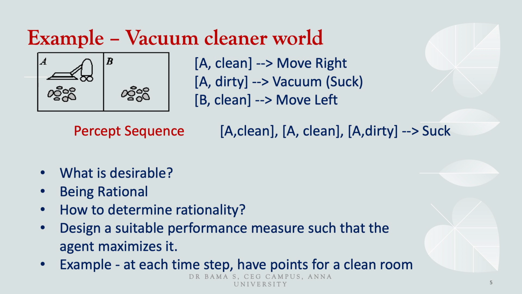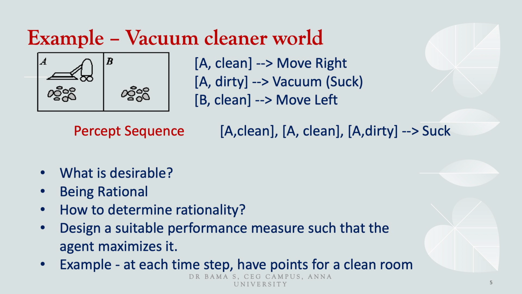Before going into rationality, we will see a small example that is again given in Russell and Norvig with respect to the agent. The agent here is the vacuum cleaner, and you could see the diagram here with two rooms, A and B. The vacuum cleaner is in room A with some dirt in room A and dirt in room B. And there are some actions which I have listed on the right.